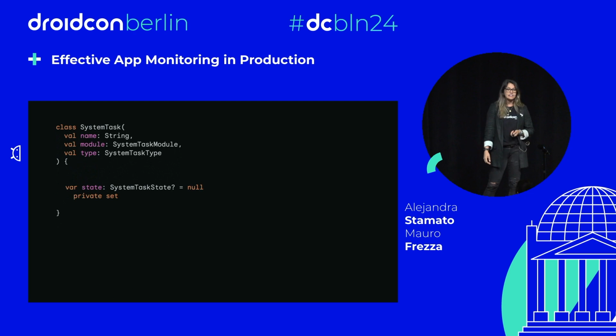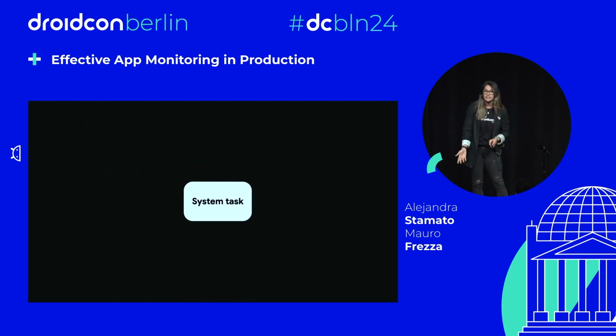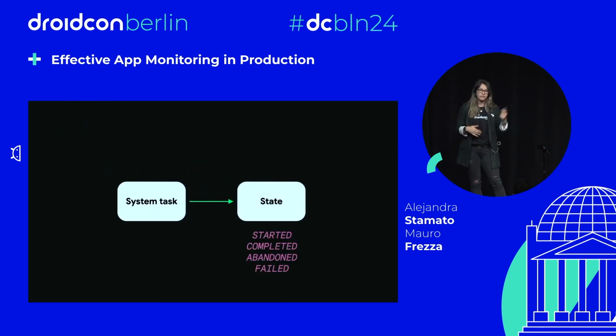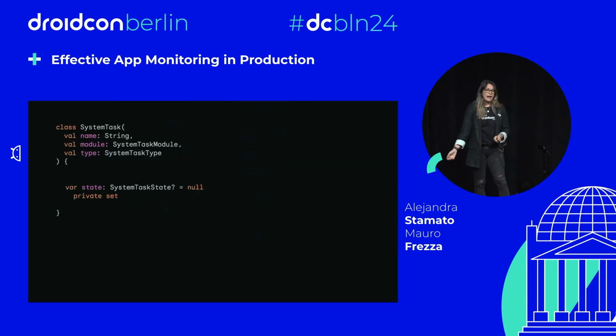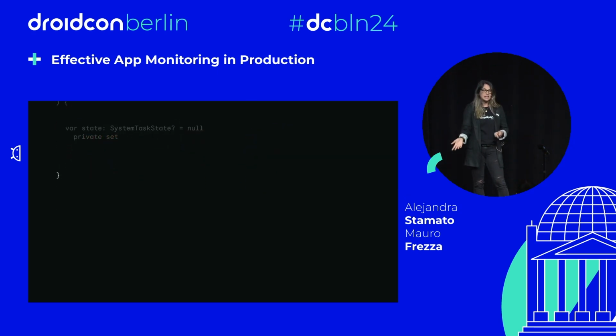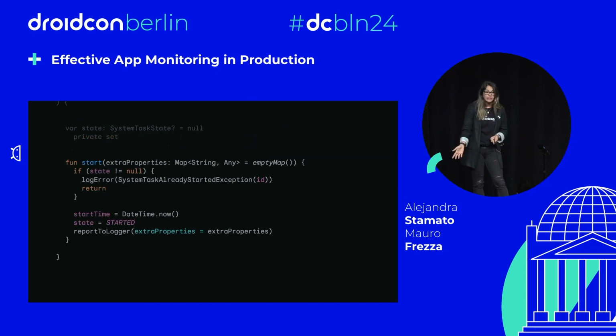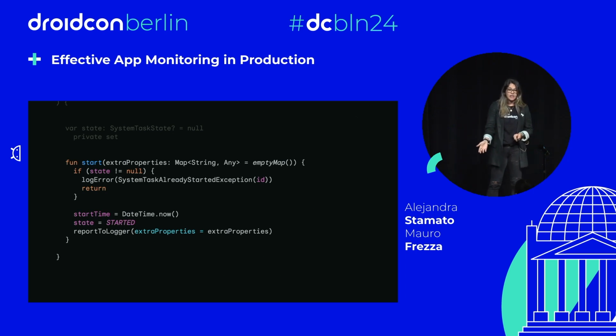And then the system task, of course, has a state, and this should be no surprise. We saw an example of this before. The state can be started, completed, abandoned, or failed if there was a problem. And then, just to see an example of what the start method would look like, what we have is a check on whether it has been started yet, that sort of checks.